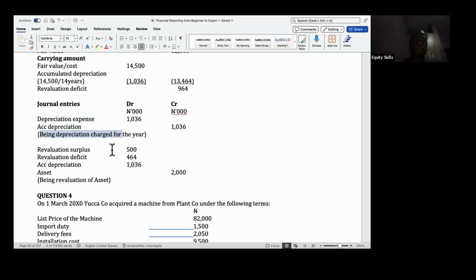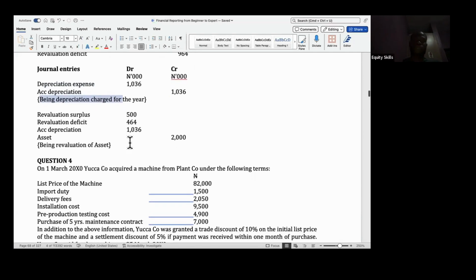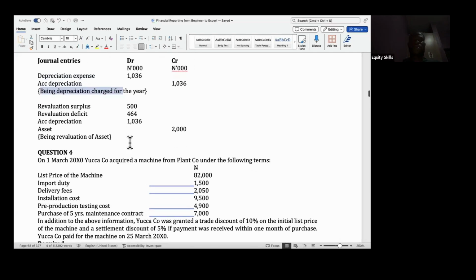Secondly, I dealt with my revaluation. Now, for my revaluation, the first thing I would really want us to always address is the asset account. When you address the asset account properly, the other side is just the revaluation. That will be very straightforward.